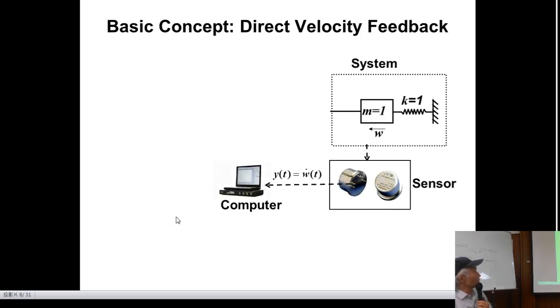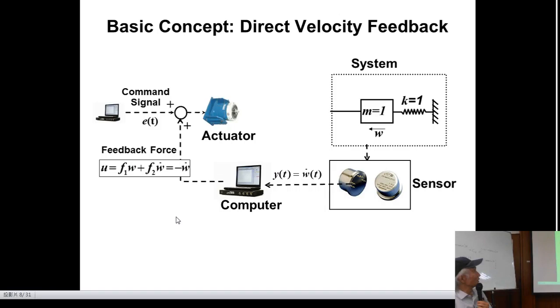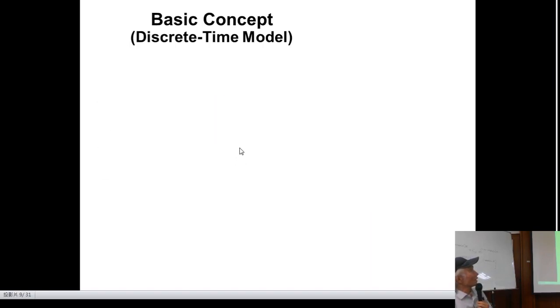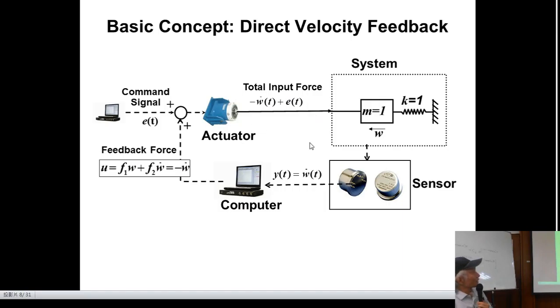So that means here. The slide last page will be, if I have W dot measurement, then I can just U equal to minus W dot, because F1 equal to 0, F2 equal to minus 1. And I use this as my control force feedback, then that's we call the pole placement technique.